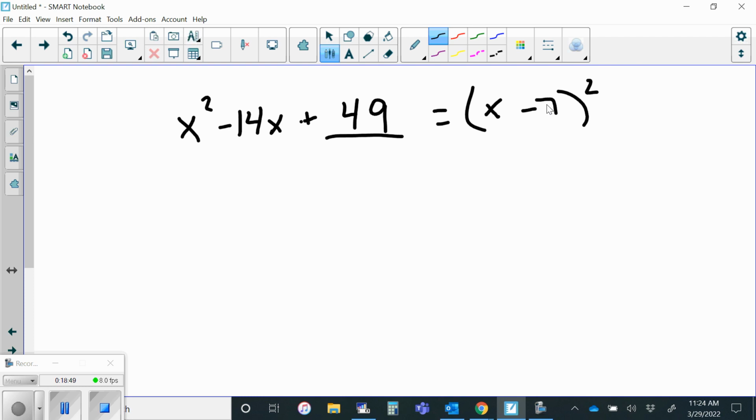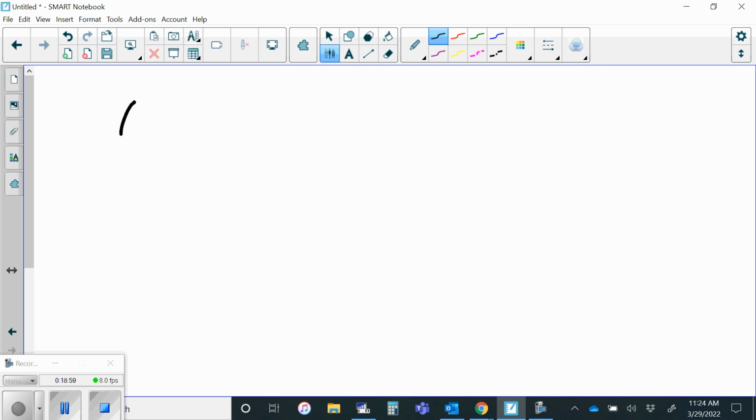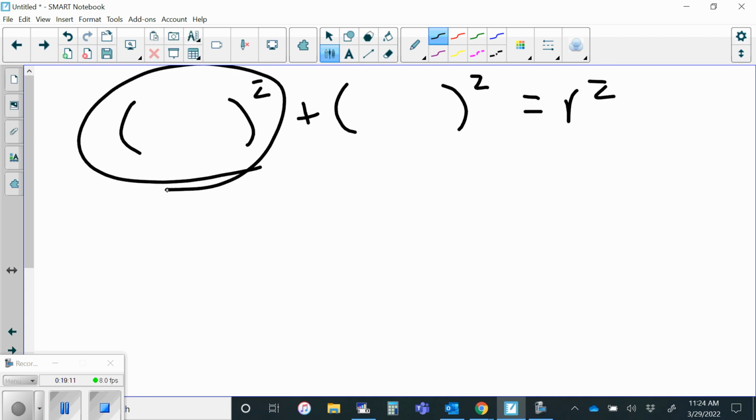Why would I be teaching you something or just refreshing your brain on something that's from algebra when we're here talking about circles? Isn't this the form of a circle? What is this right here? A factored form of a perfect square.